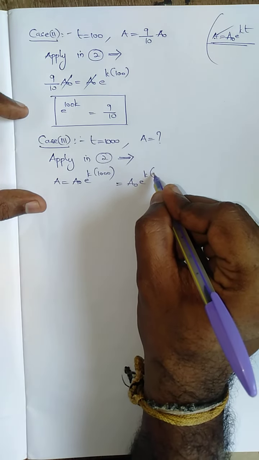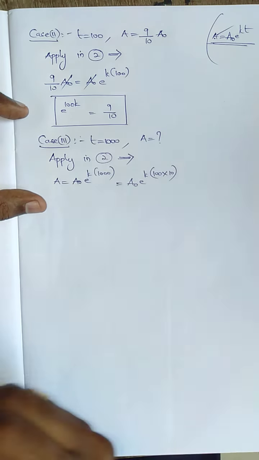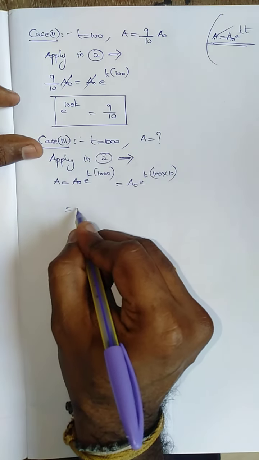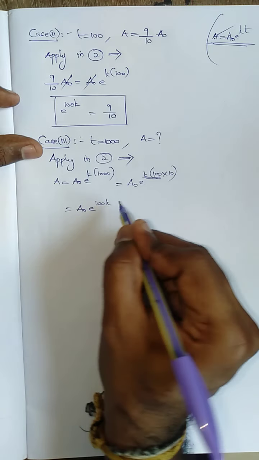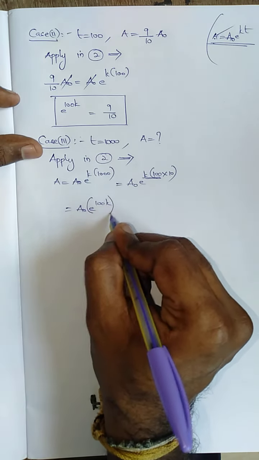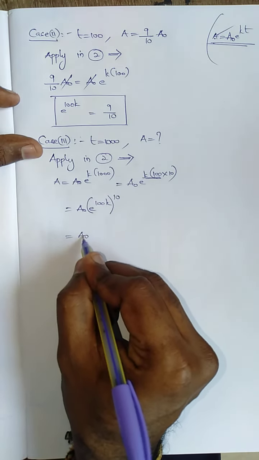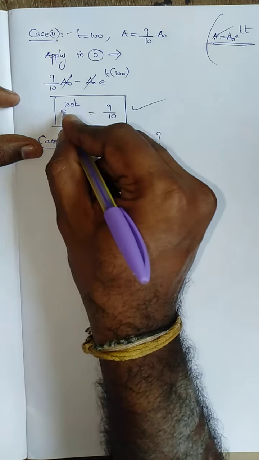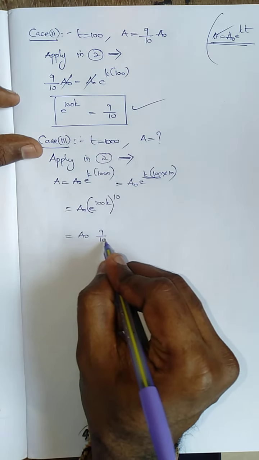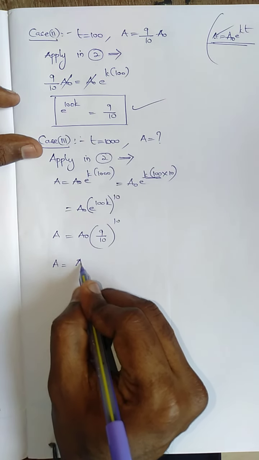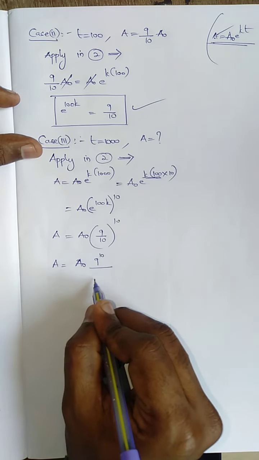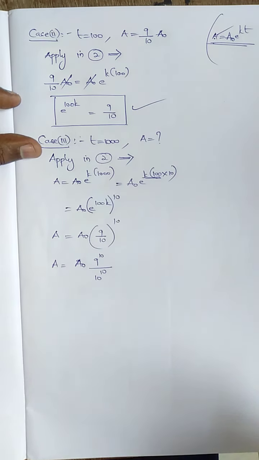This 1000 I can write as 100 into 10, so A naught e power 100k, whole power 10. E power 100k is nothing but 9 by 10, so A is equal to A naught times (9 by 10) power 10, that is 9 power 10 over 10 power 10.